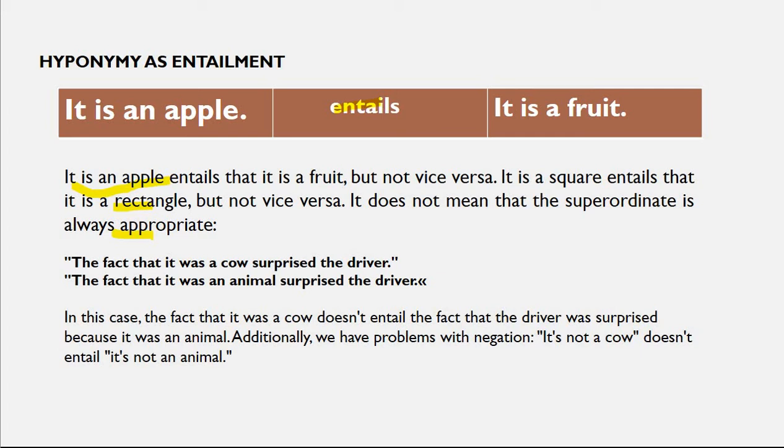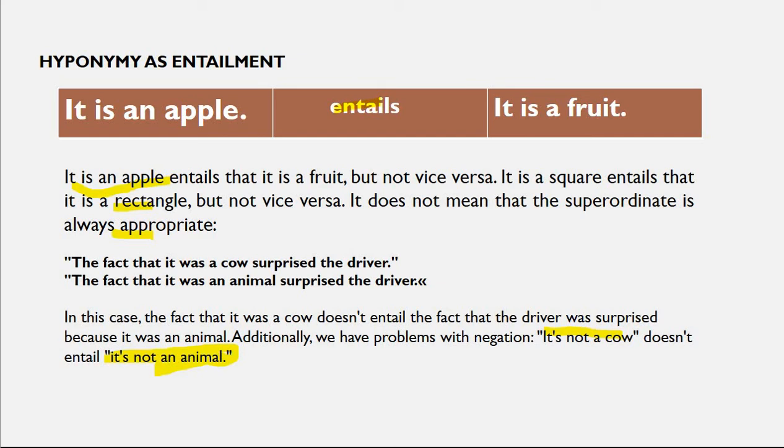Additionally, we have problems with negation. It is not a cow doesn't entail it is not an animal. Yani bu bir inek değildir ifadesi bahsettiğimiz şeyin hayvan olmadığı anlamına gelmiyor. Gördüğünüz gibi olumsuzluklar yani negation'lar entailment konusunda tam zıttı çıkarımlar yapmamızı sağlamayabiliyor.